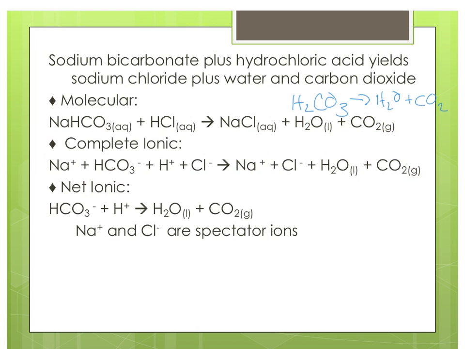So the only things that are completely identical on both sides are the sodium and the chloride. Those are the spectators. The bicarbonate and the hydrogen come together to form the water and carbon dioxide. So both are included in the net ionic equation.